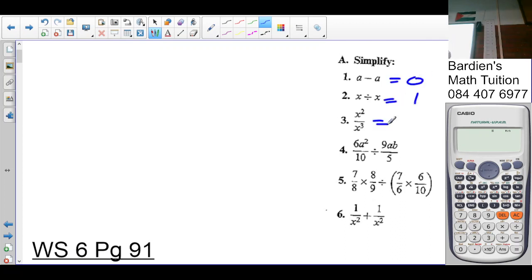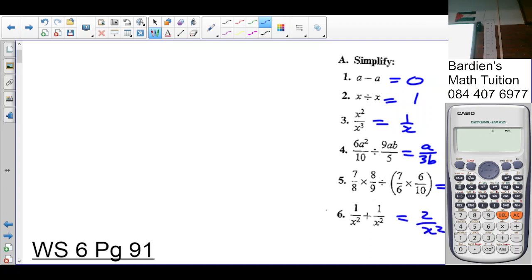The next one? 1 over x. The next one? Number 4, 1 over 3b is correct. Number 5 is 10 over 9. And number 6, 2 over x squared.